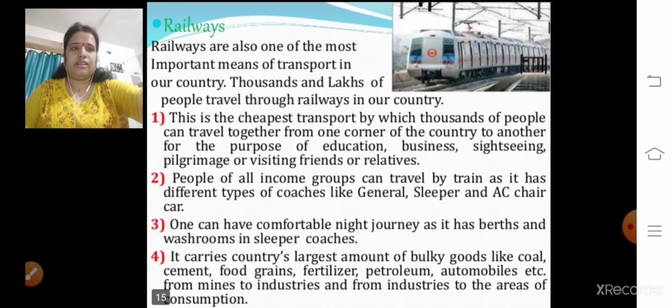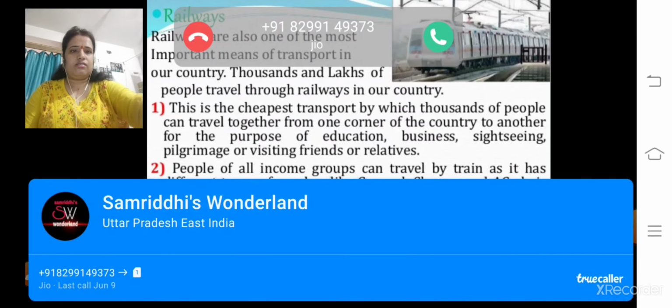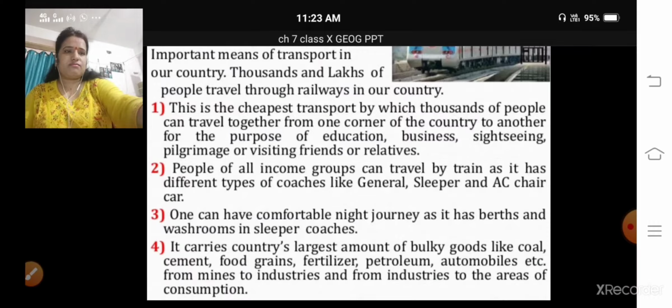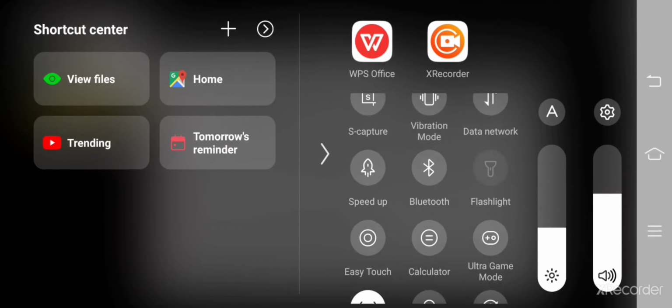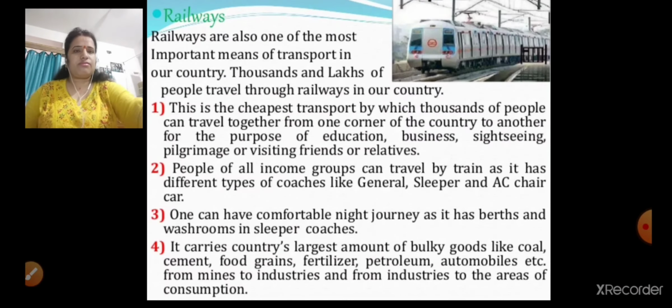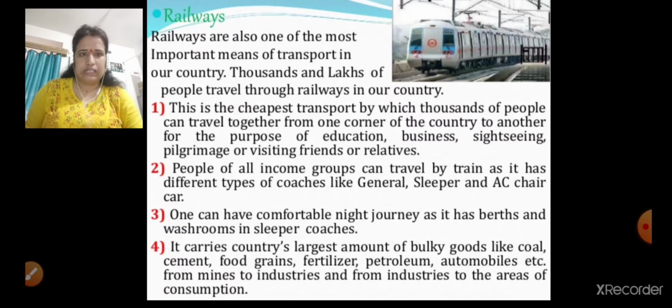Next we will do railways. Railways are also one of the most important means of transport in our country. Thousands and lakhs of people travel through railways.